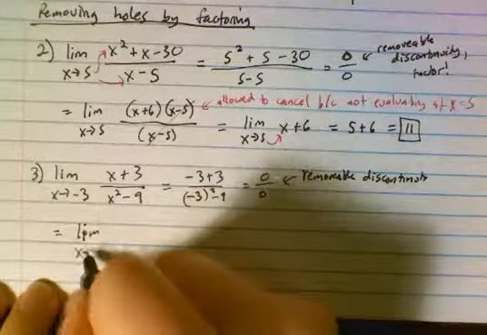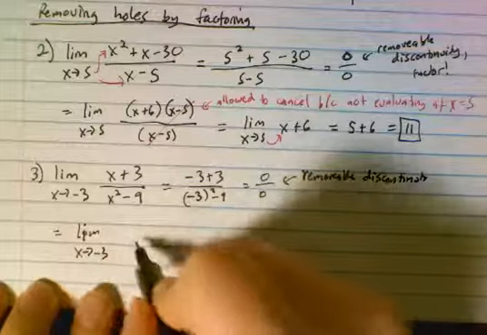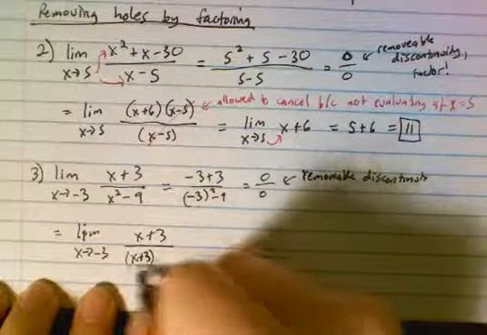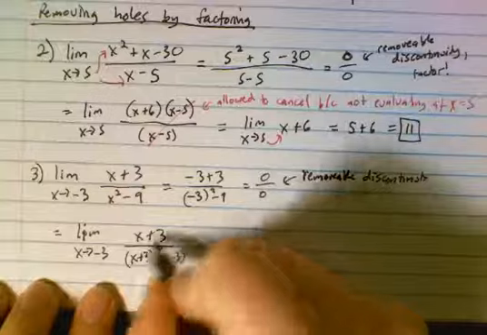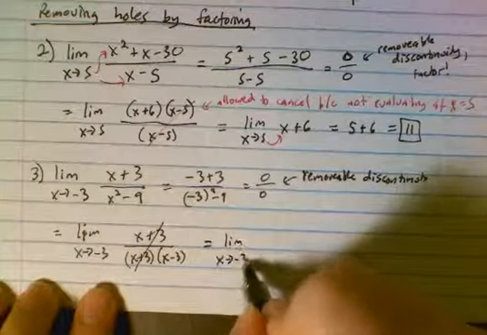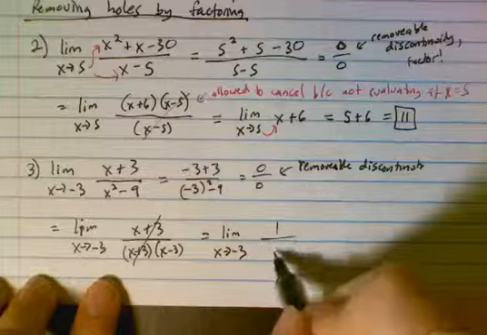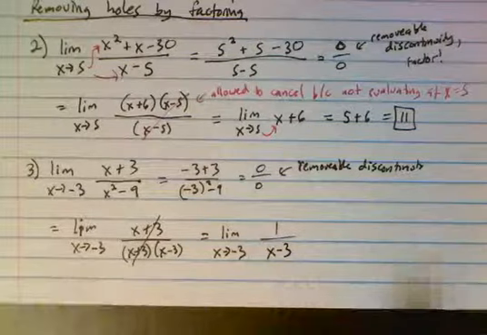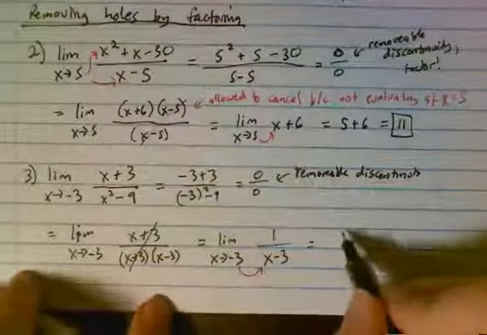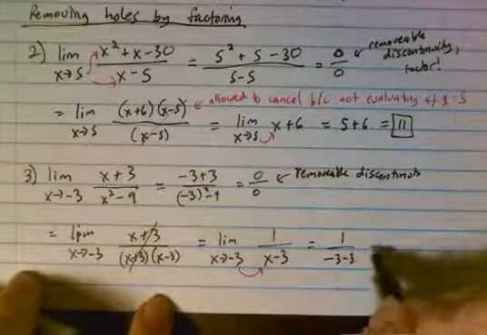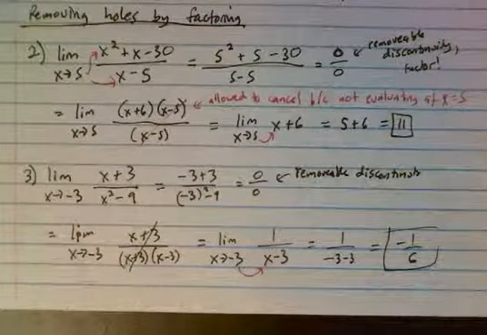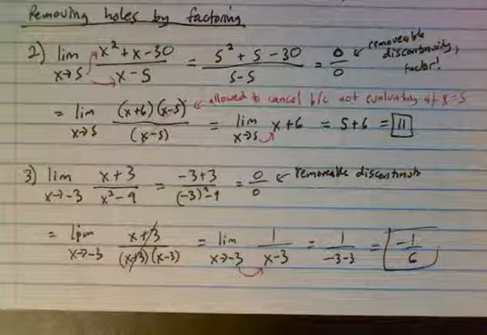So it's going to be the limit as x approaches negative 3. Let's factor this. Okay, so we just have to plug that negative 3 in there. Once we've got a number, we're happy.